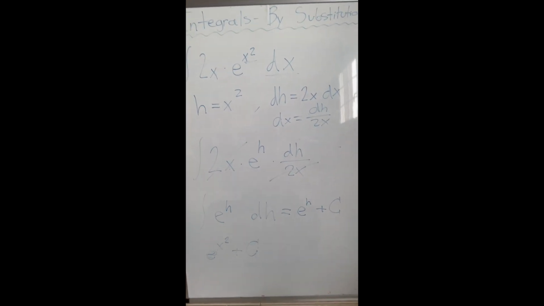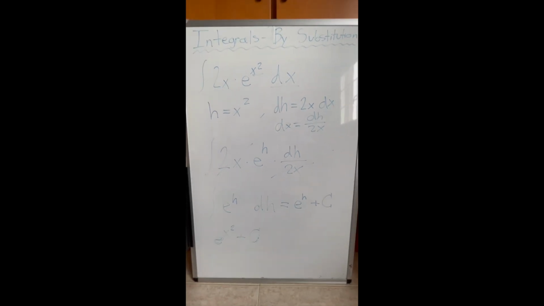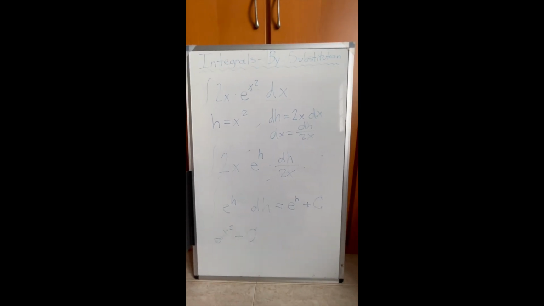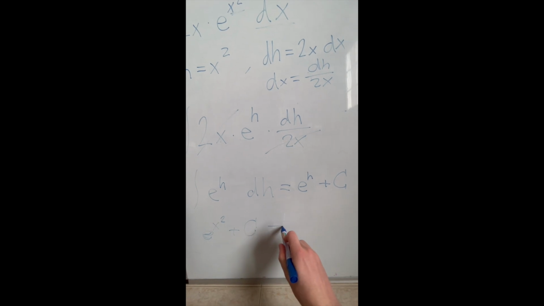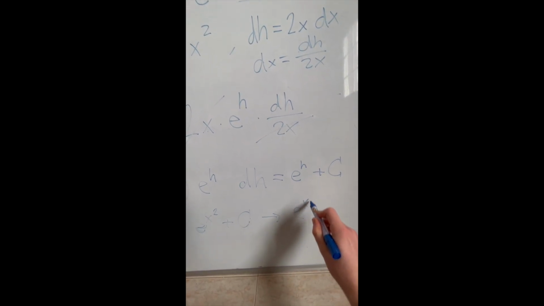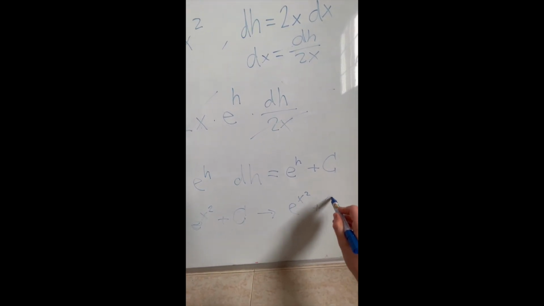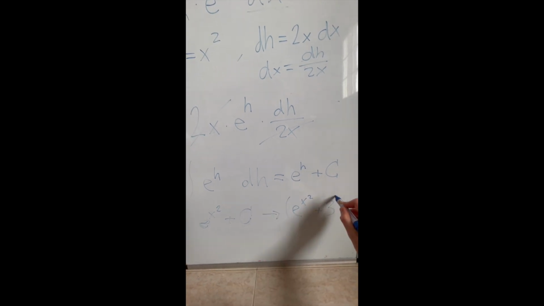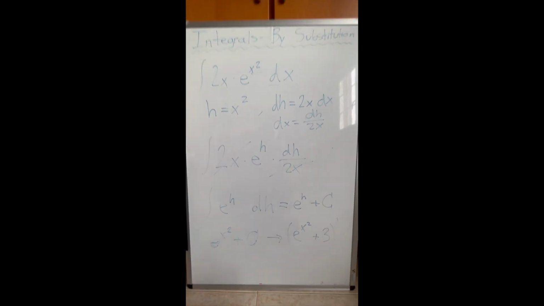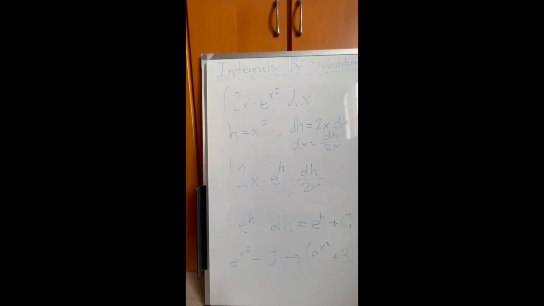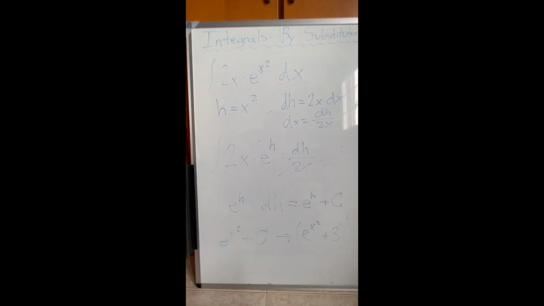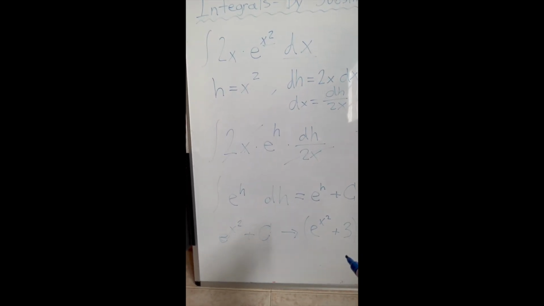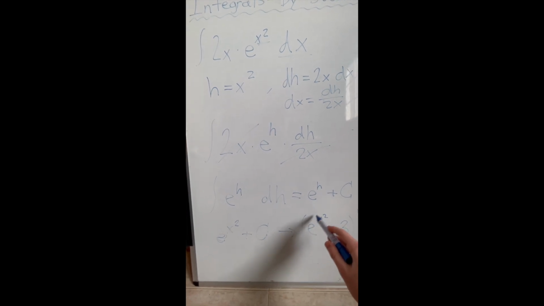If we want to double check this to see how the substitution method works, let's take, for example, e to the power of x squared plus 3 and derive this to see if we get 2x times e to the power of x squared. So we have seen the chain rule, and we know that this is basically a function here.